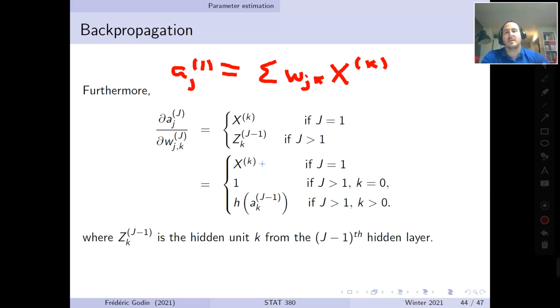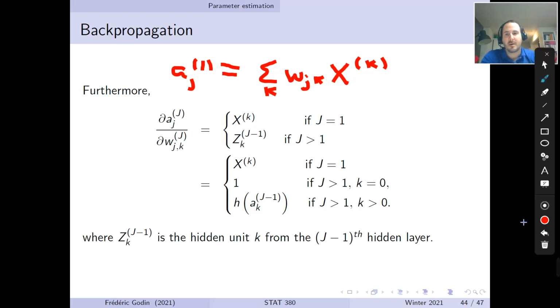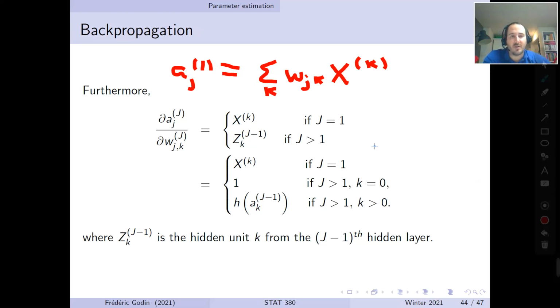So for that reason, it's very easy to show that if you differentiate with respect to wjk and you sum across k's, you would come up with xk here. Conversely, if you are in another layer, then the jth activation, instead of summing the x's, was summing the z.